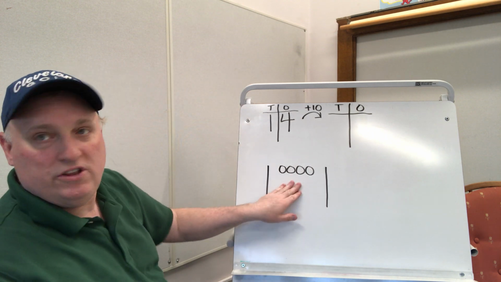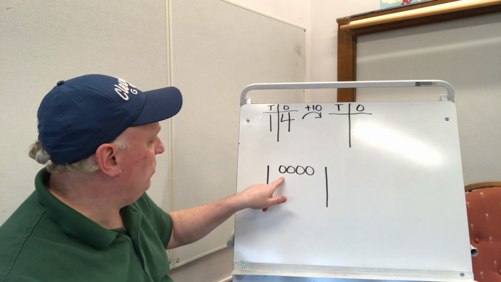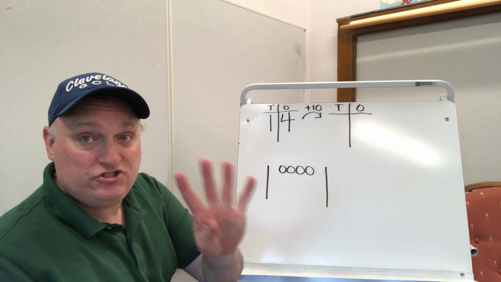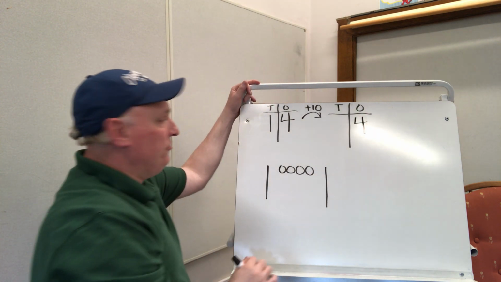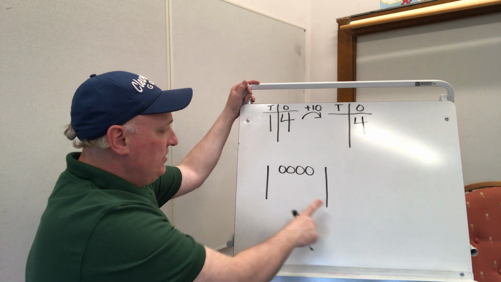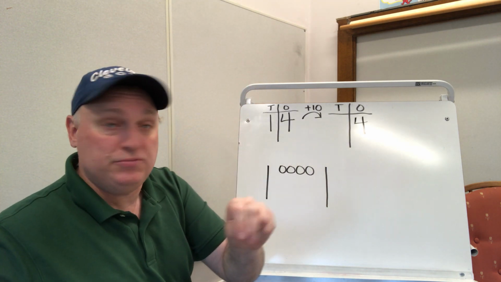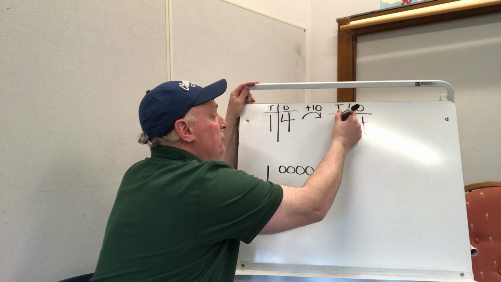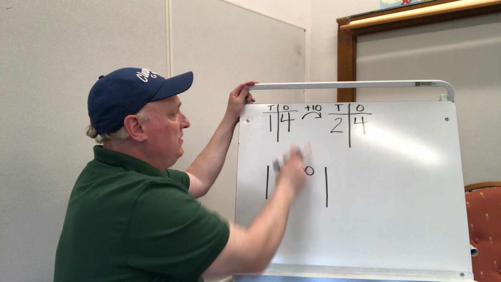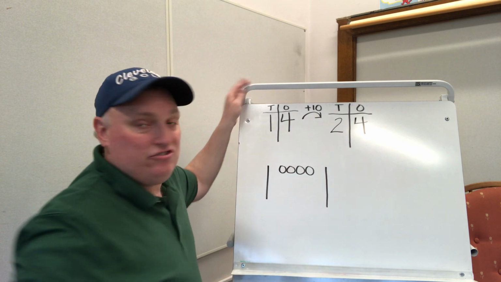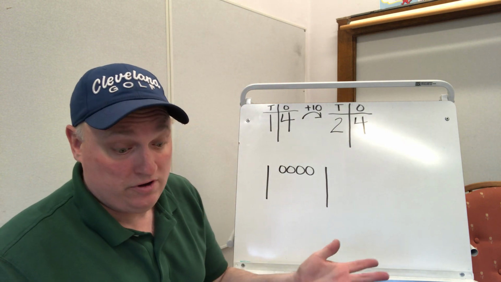How many ones do you see in my answer? 1, 2, 3, 4. There's still 4 loose ones. How many bundles of 10 is there? 1, 2. 2 groups or bundles of 10. So I started with 14, added 1 bundle of 10, and my answer is now 24.